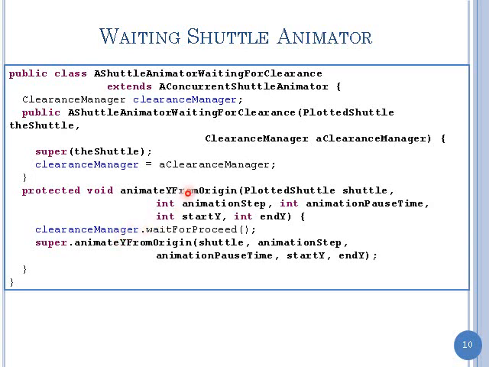So whoever's calling my animate y from origin does clearance manager dot wait for proceed, and this clearance manager was passed as an object to my shuttle animator waiting for clearance. Okay? So I had a shuttle animator that was just doing animations without clearance. Now it's waiting for clearance, so it gets a clearance manager and does a wait for proceed. And both of these particular shuttle animators have the same clearance manager. So since they're the same clearance manager, they're waiting on the same clearance wait for proceed. So this is where the wait happens. Okay?